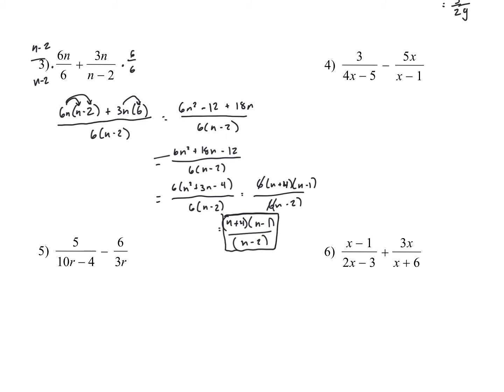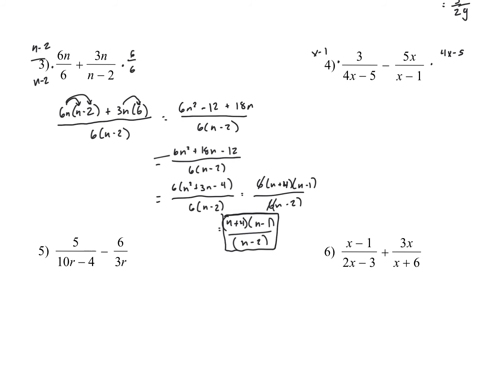So with this, I have 4x minus 5 in one denominator, and then x minus 1 in the other. So I'm going to multiply the other fraction by the denominators. Okay, I'm going to write it like this, simply because I'm running out of room. But please remember that I'm multiplying this term to the numerator and the denominator.